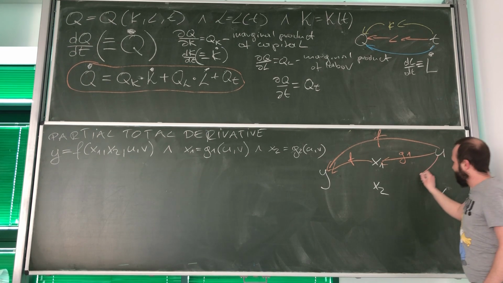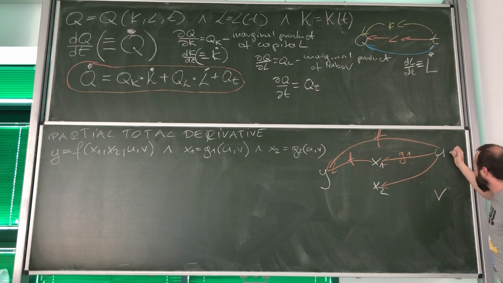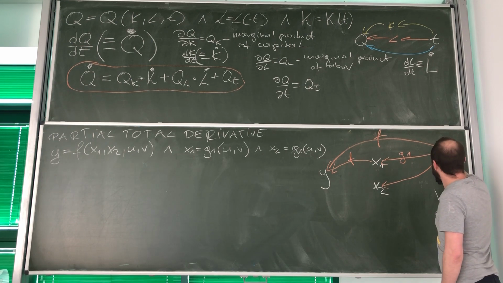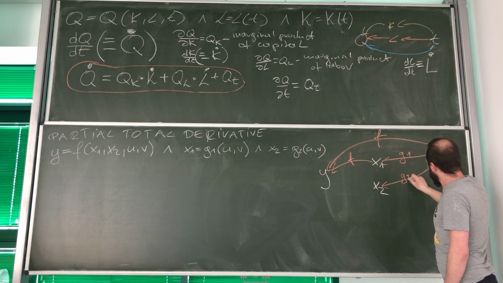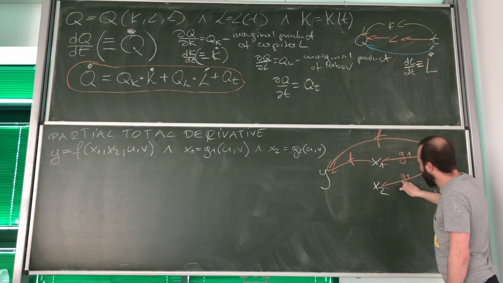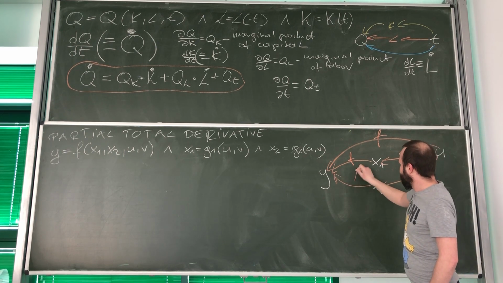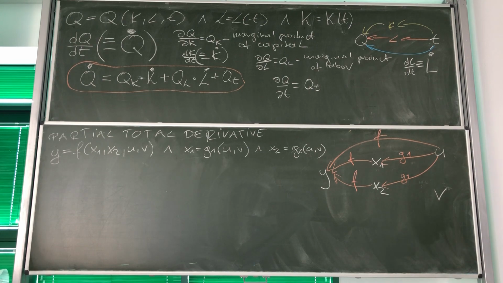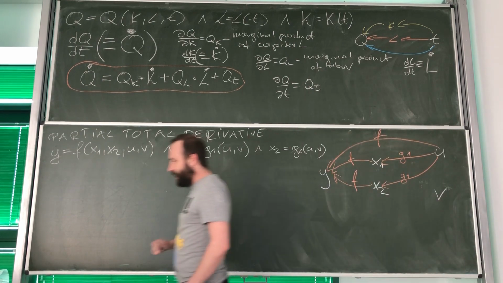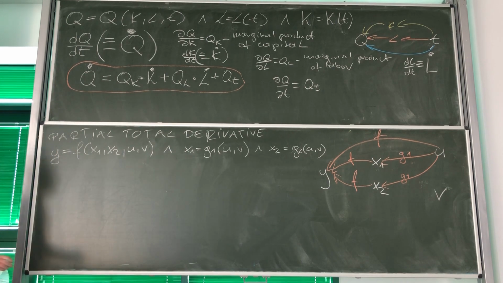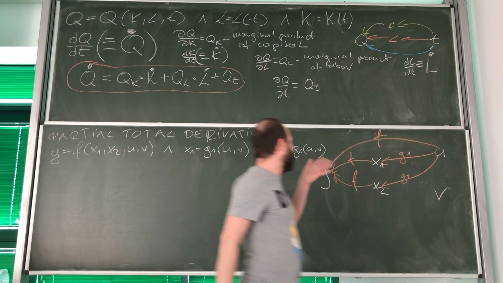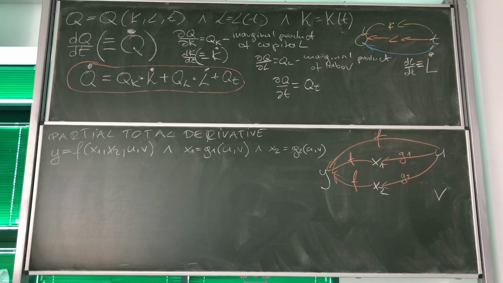And similarly, another indirect channel of influence of u goes through g2 to the variable x2, and then from x2 to y through function f. However, I hope you can see that at the same time I can conduct a very similar analysis for v.